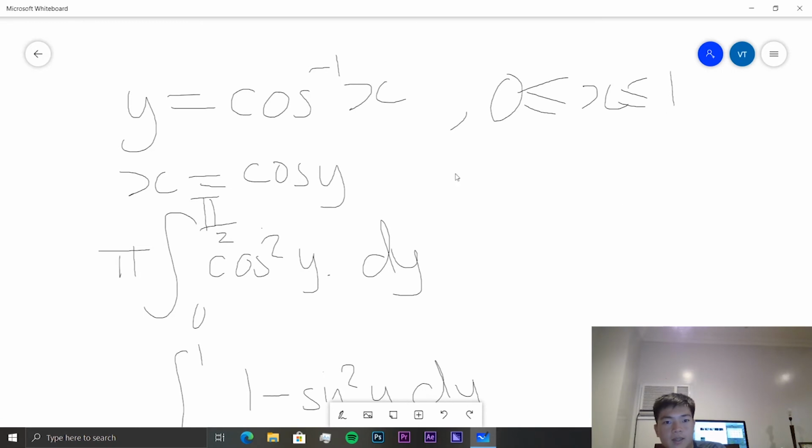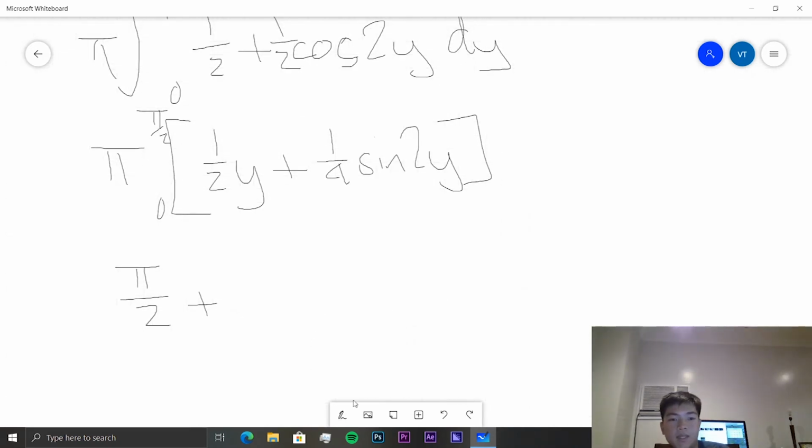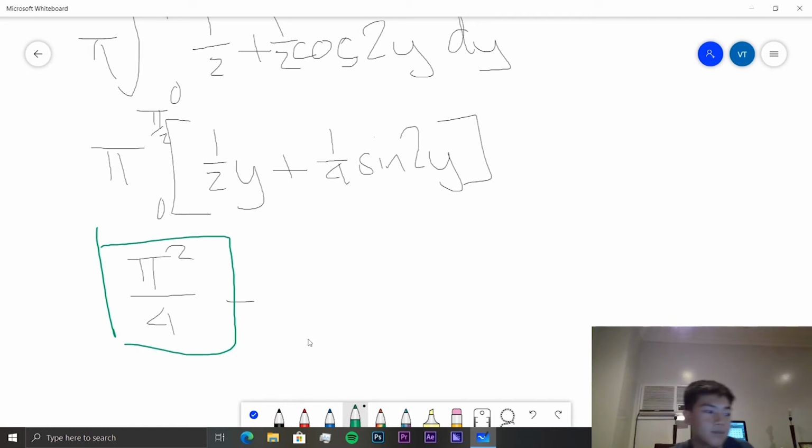Yeah. Oh, wait, no, this is 0 and pi over 2. Anyways, same. So we have pi squared over 4 minus 0 plus 0 minus 0. So it's just pi squared over 4. So that is the answer.